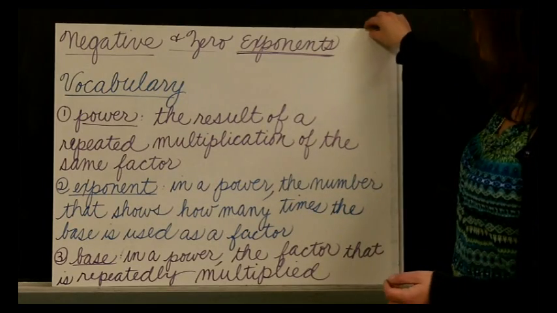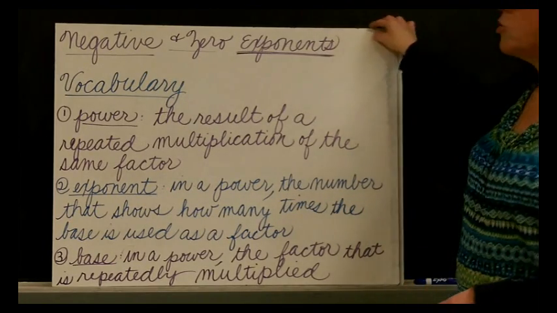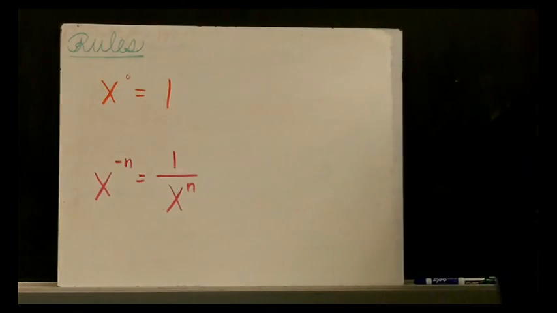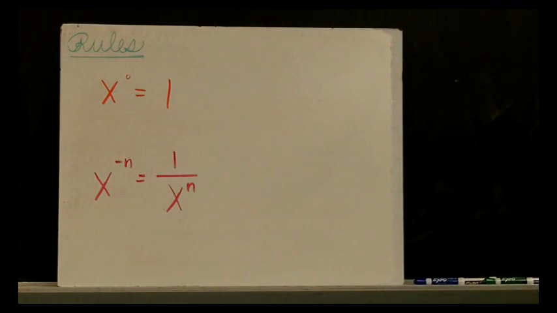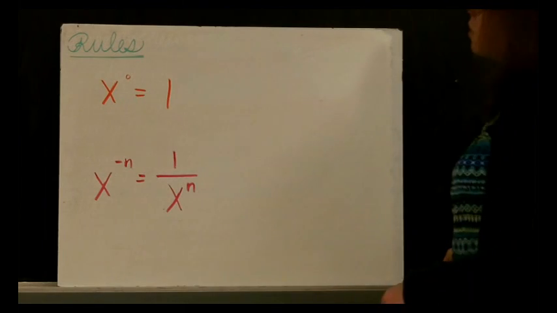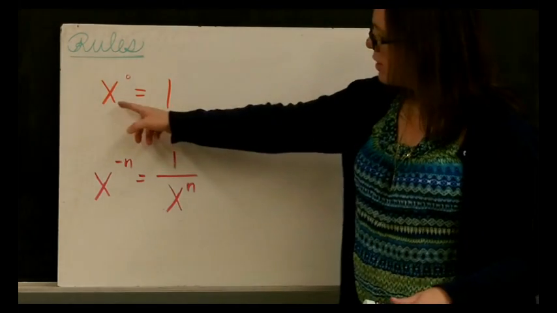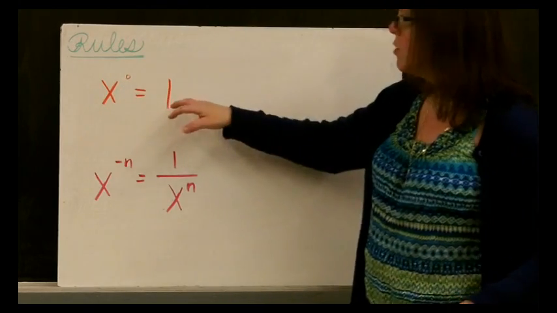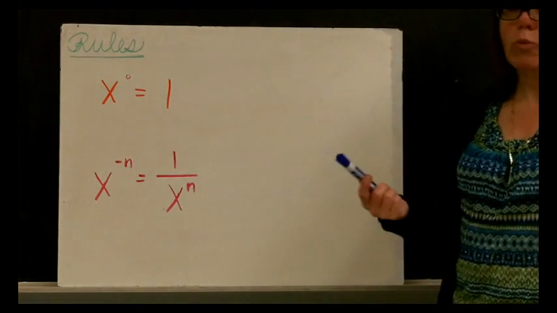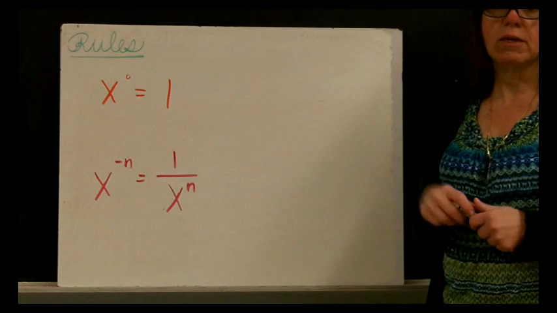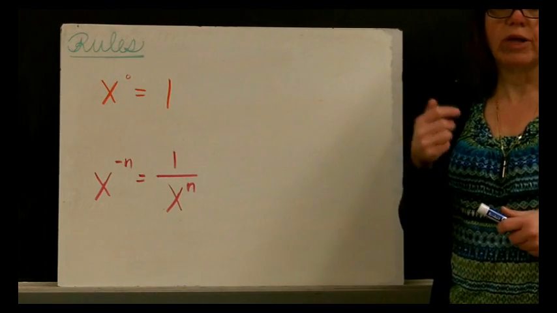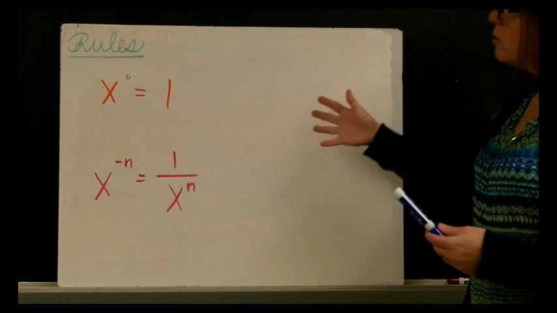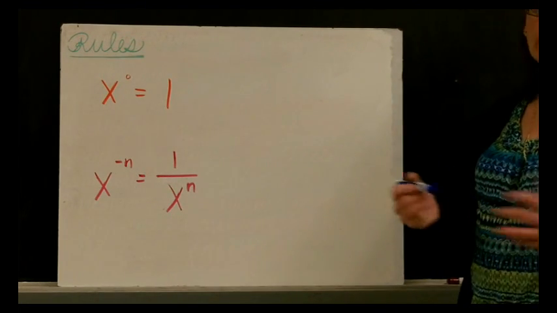Now, before we get into our 4 examples, I want to show you one board that has 2 rules of exponents. This first one is x to the 0 power equals 1. So no matter what the base is, if it's raised to a power of 0, it has a value of 1. And I want to show you, using division, why that is.